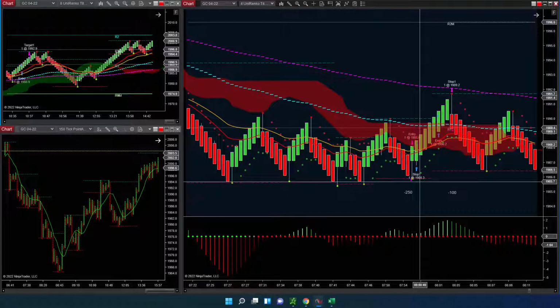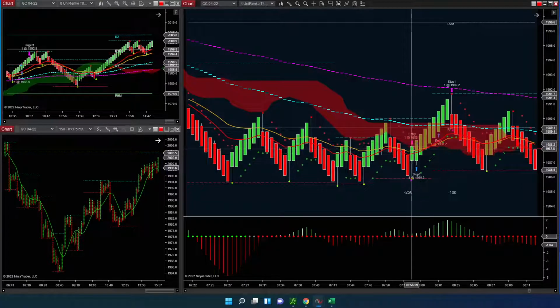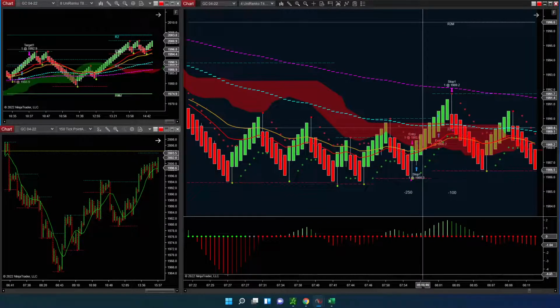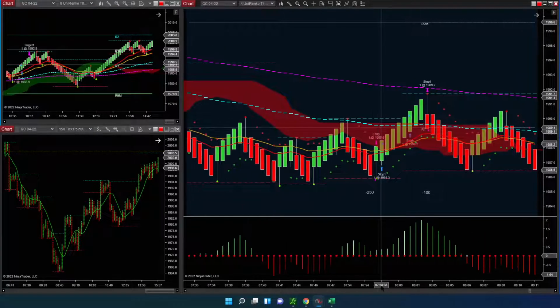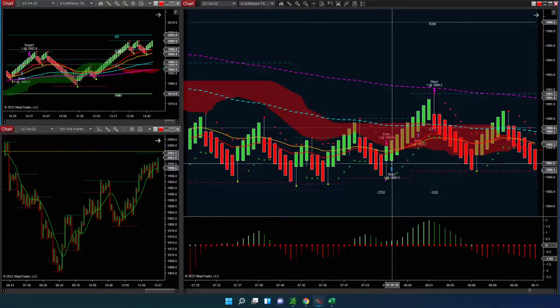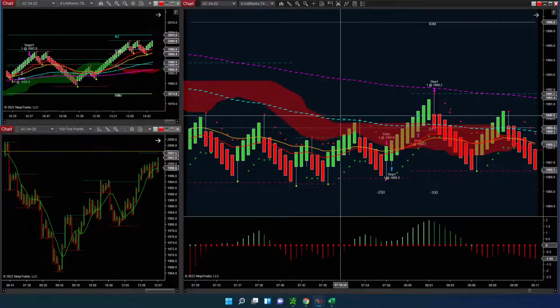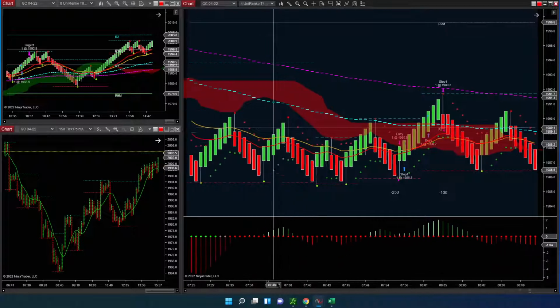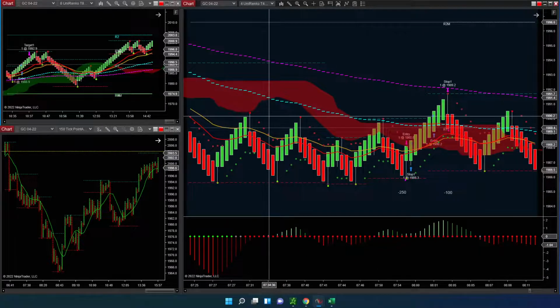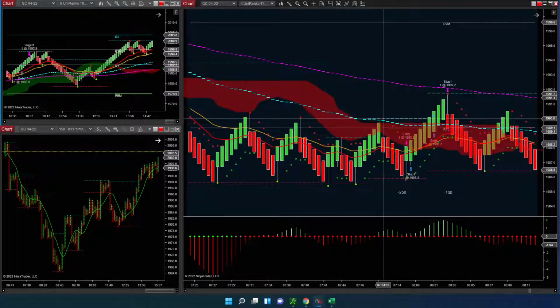Entry was at 1988.3, and the exit was right above this first reversal bar, 1985.8. Okay, then it came back up. It was breaking out of this channel, so I took it right there when it broke and went above this pivot right here.